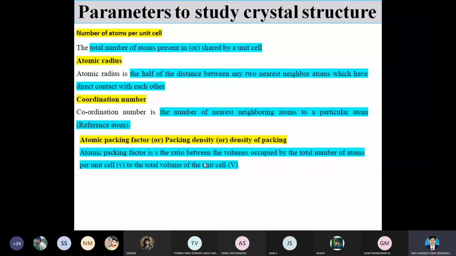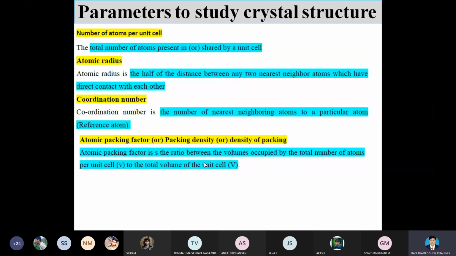One is the type: how many types of atom we are having, only one type of atom, and how that one type of atom is going to contribute to and share with the adjacent unit cell. That is called the number of atoms per unit cell.